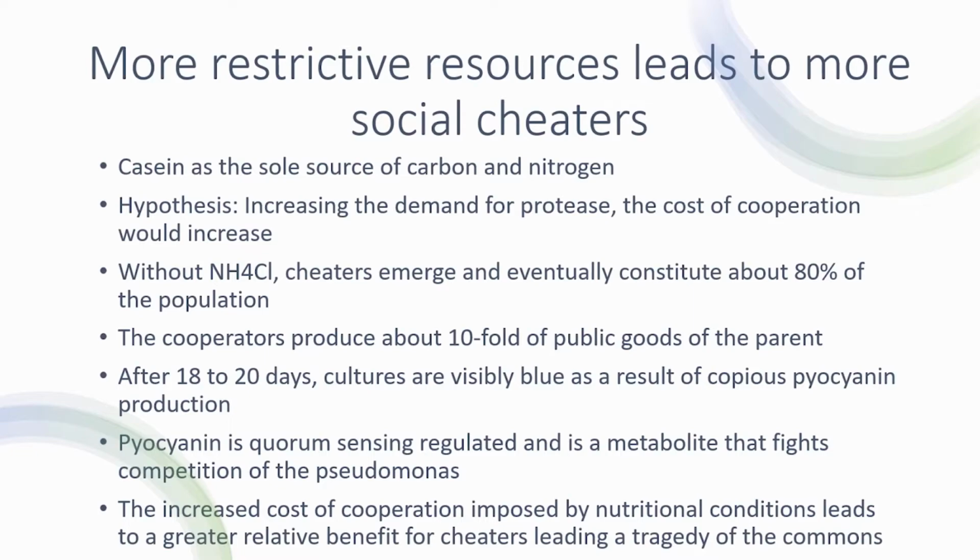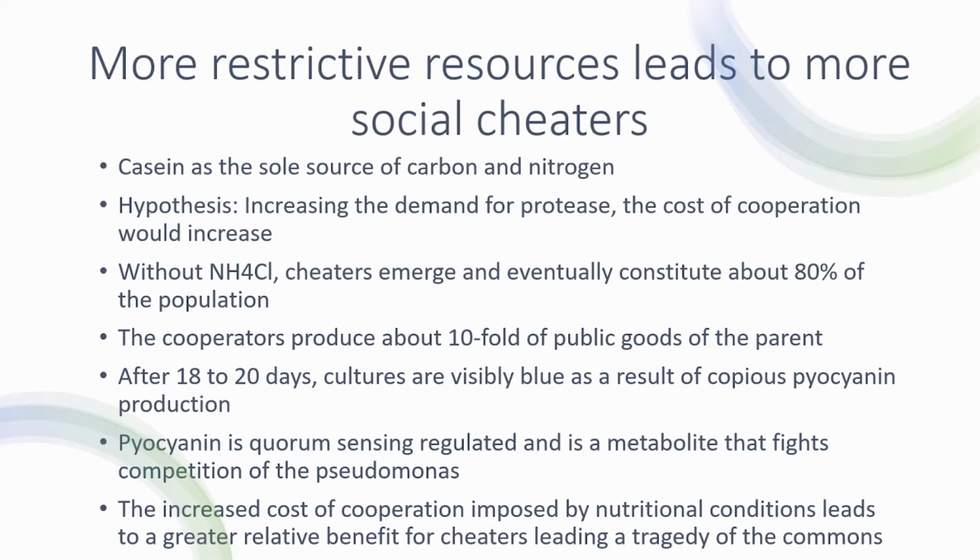In the previous experiments, they kept the nitrogen sources the same and unimpacted, and instead added adenosine as another carbon source. While exploring this idea of replacing carbon and nitrogen sources with casein, they hypothesized that this would probably increase the demands for proteases, and therefore the cost of cooperation would increase.